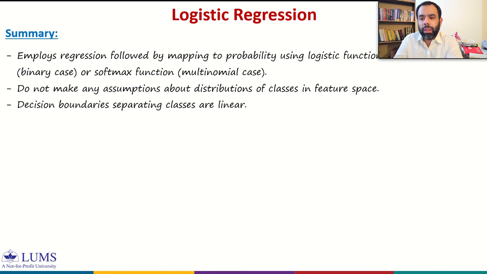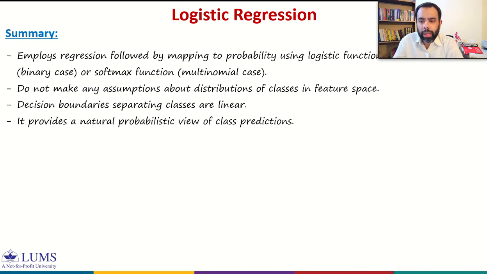We saw that decision boundaries separating classes are linear. We saw this for a binary classification problem, and the same is true for a multi-class classification problem. And we also saw how we can manipulate the features to obtain non-linear boundaries.